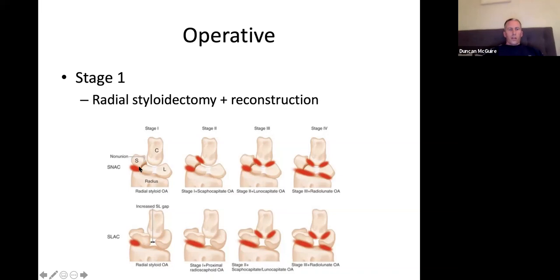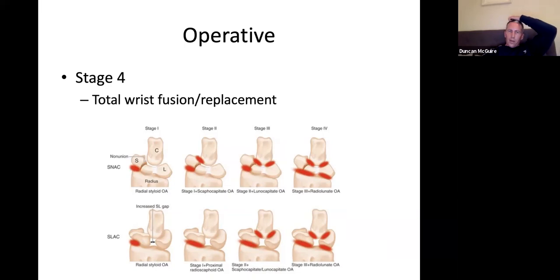So in the SNAC wrist, you take away the styloid and then you fix the scaphoid non-union. Once the scaphoid non-union is fixed and united, then it shouldn't progress any further. The same with the SLAC wrist, you take away the styloid, which is the arthritic joint, and then you do a scapholunate reconstruction. And if that's successful, again, it shouldn't progress.